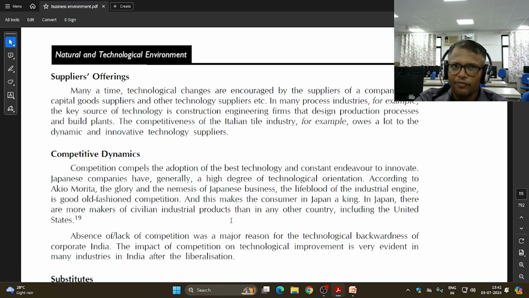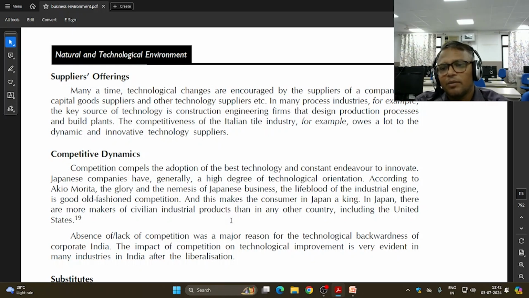Next is competitive dynamics. Competition compels the adoption of the best technology and the constant endeavor to innovate. Japanese companies generally have a high degree of technological orientation. According to Heiko Moitra, the lifeblood of the Japanese industrial engine is good old-fashioned competition, and this makes consumers in Japan happy.